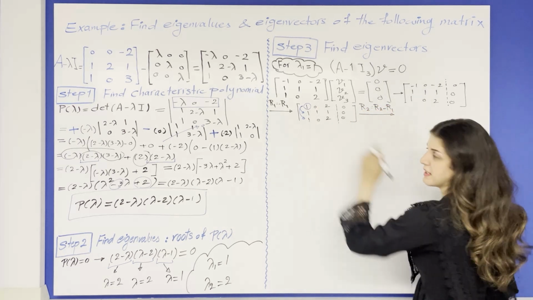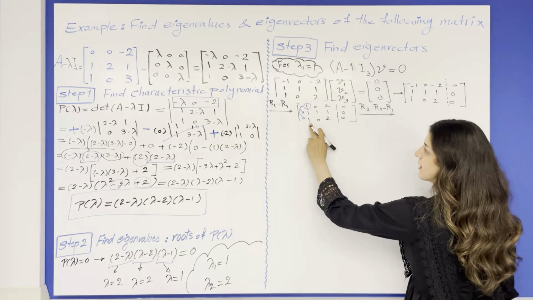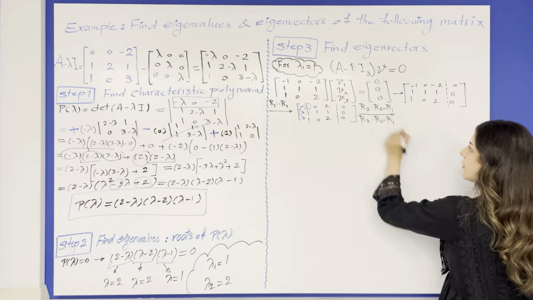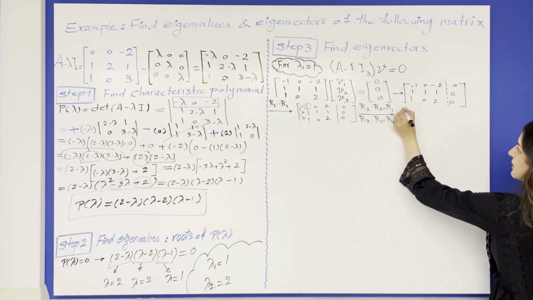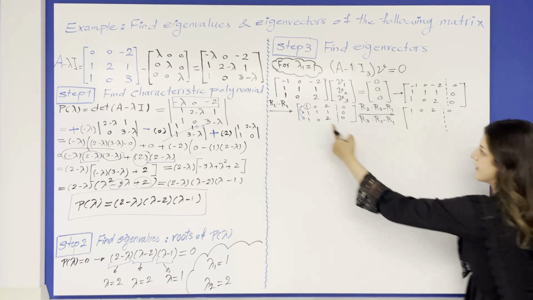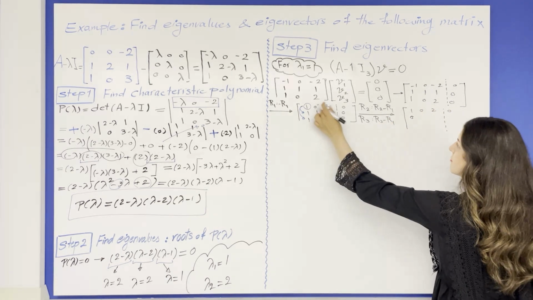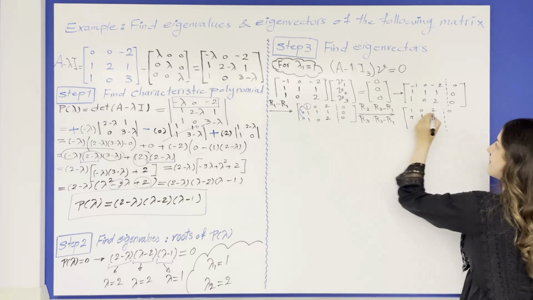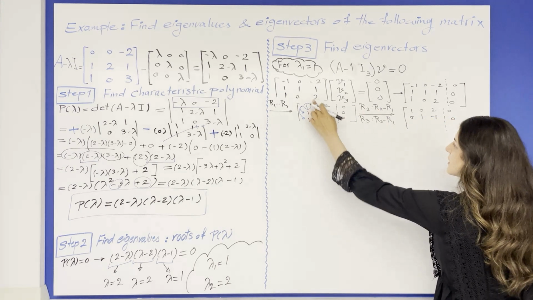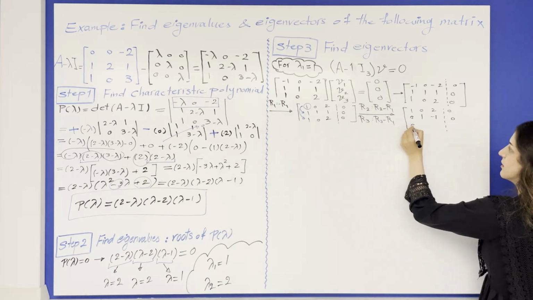So 1 minus 1 makes this 0. Similarly, replace row 3 with row 3 minus row 1. So the result is going to be 1, 0, 2, 0, and then 1 minus 1, 1 minus 0, 1 minus 2, 0 minus 0, and the last one is going to be 0, 0, 0, and 0.